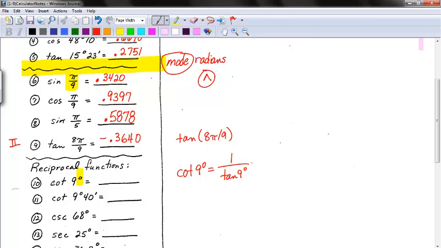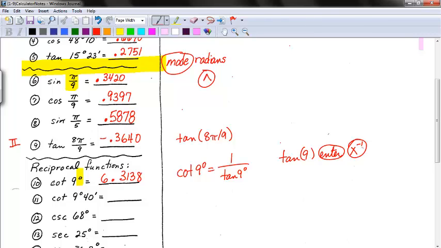Now, to get that down to the bottom, use this x to the negative 1 key. That is called the reciprocal key. They don't usually read it x to the negative 1 key. They call it the reciprocal key. So press enter, press x to the negative 1 and enter. Your final answer should be 6.3138. So one way to do this is to do tangent of 9, press enter, and then do the x to the negative 1 key, the reciprocal key, and get your answer.